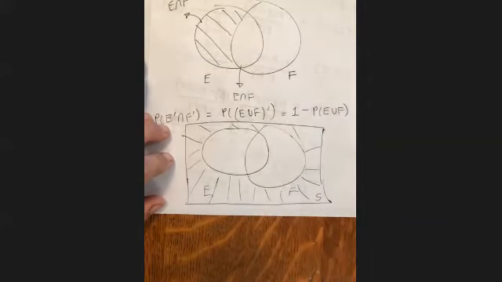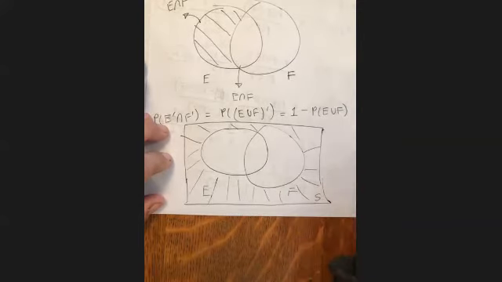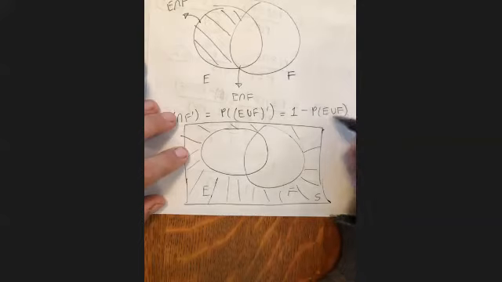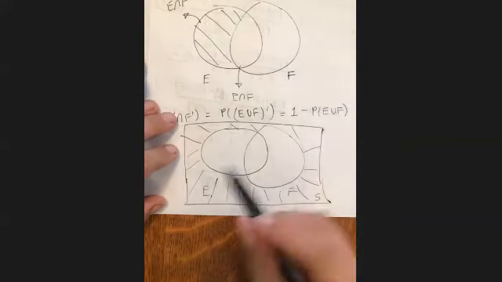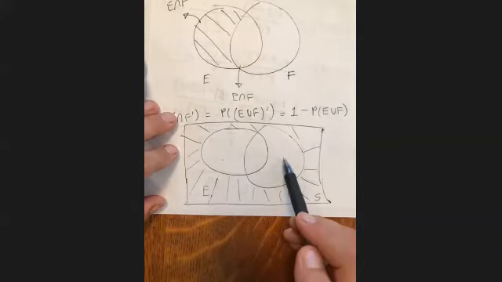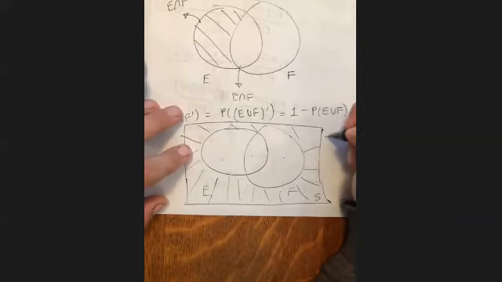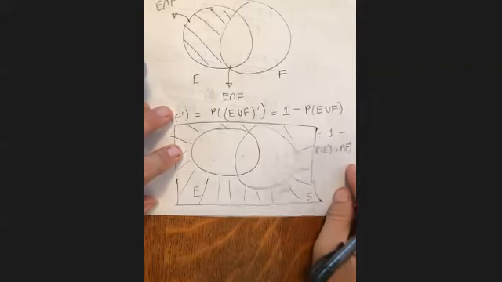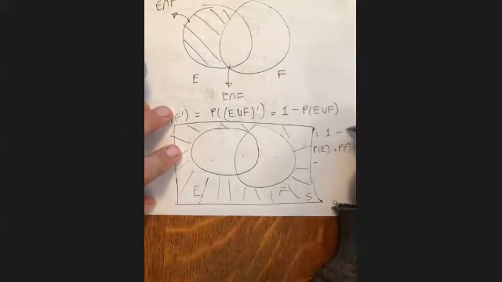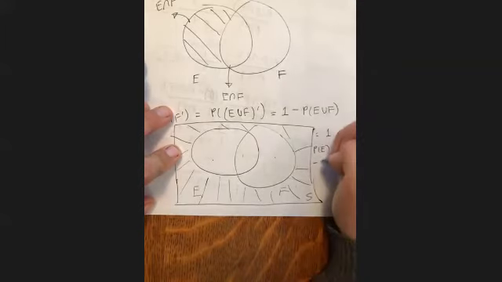Great, but they never told us what the probability of E union F is. So how can we possibly find this probability? Well, we use the inclusion-exclusion principle. So remember what that says. It says the probability of the union is the probability of one plus the probability of the other minus the probability of the intersection. So running out of room, but this will be 1 minus probability of E plus probability of F minus, and here I'm going to make sure I put my parentheses, minus the probability of E intersect F, close brackets.